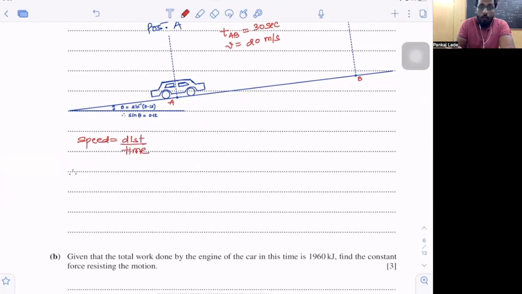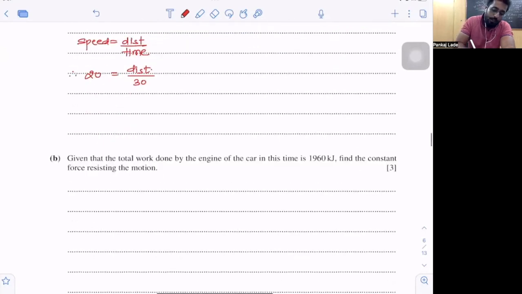So speed is how much? Speed is 20 meter per second. I don't know what the distance is between A to B. Distance is AB divided by for how much time it is moving. So from point A to point B, the car has taken 30 seconds. So that's 30 seconds. That means distance AB is how much? Distance AB is 600 meters.